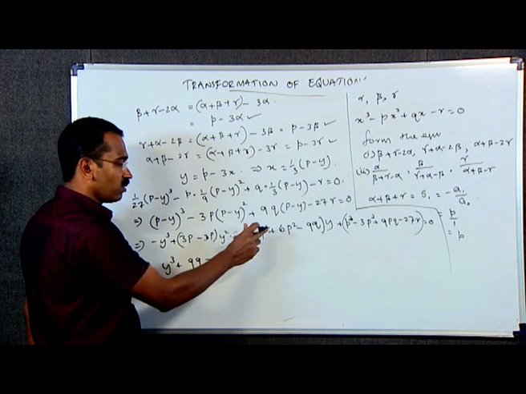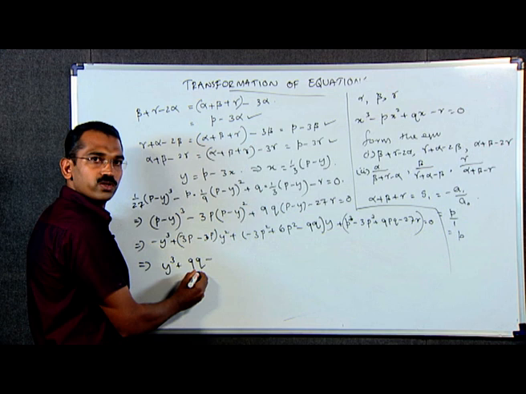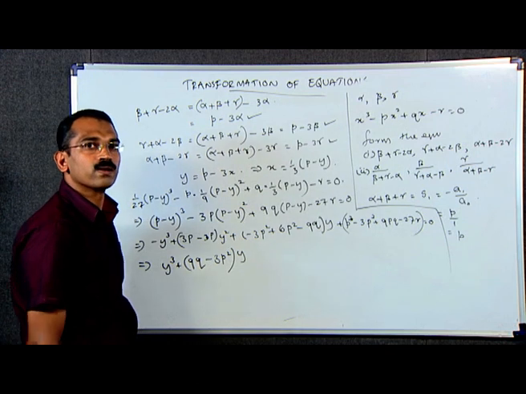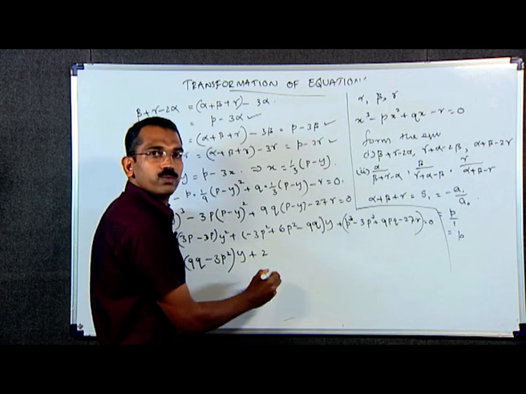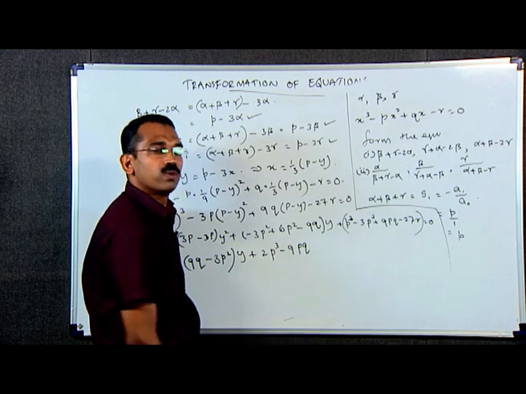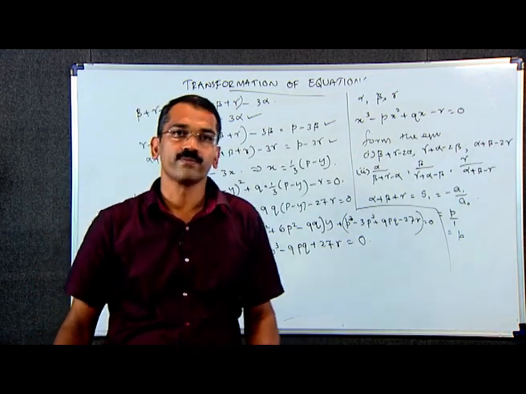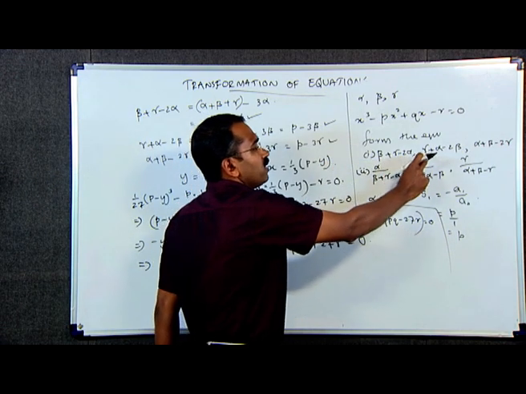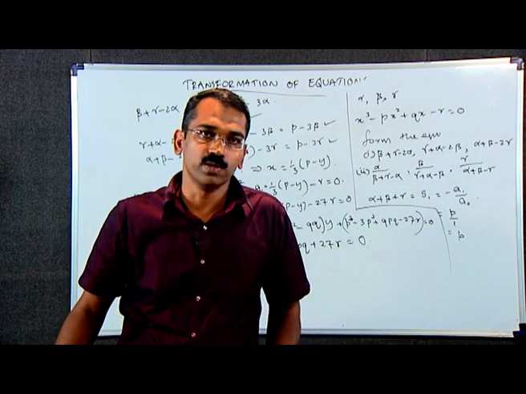Multiplying all the terms by minus 1 on both sides, we will get y cube plus 9q minus 3p square into y, plus from this we will obtain 2p cube minus 9p cube plus 27r is equal to 0, which is the required equation whose roots are beta plus gamma minus 2 alpha, gamma plus alpha minus 2 beta and alpha plus beta minus 2 gamma.